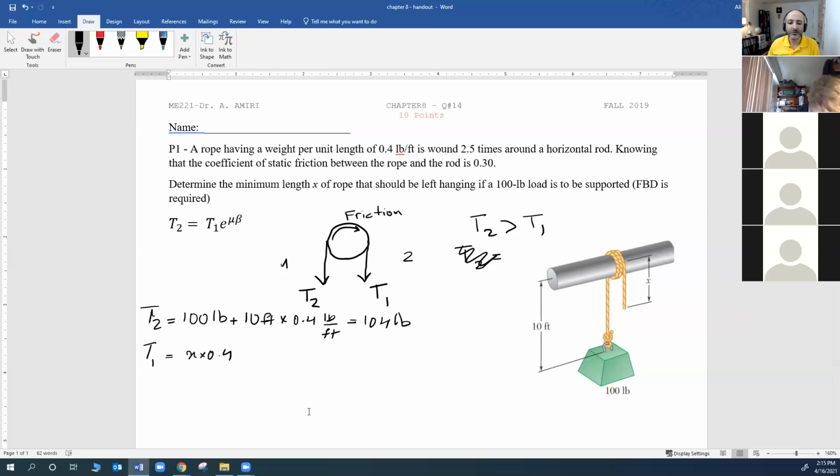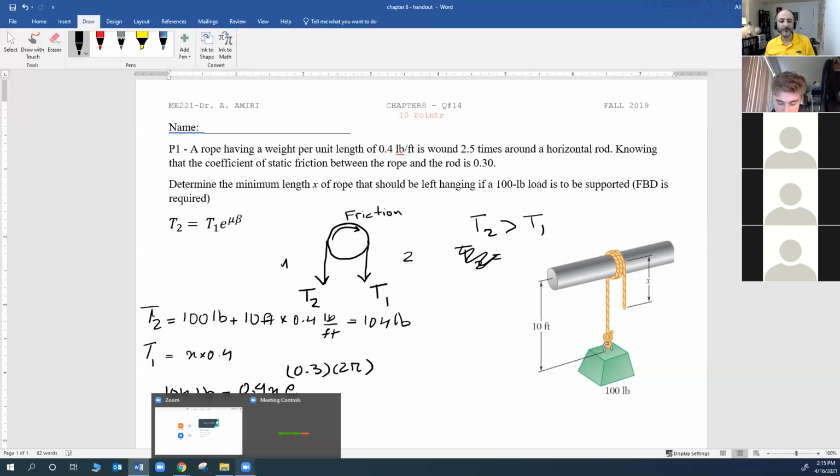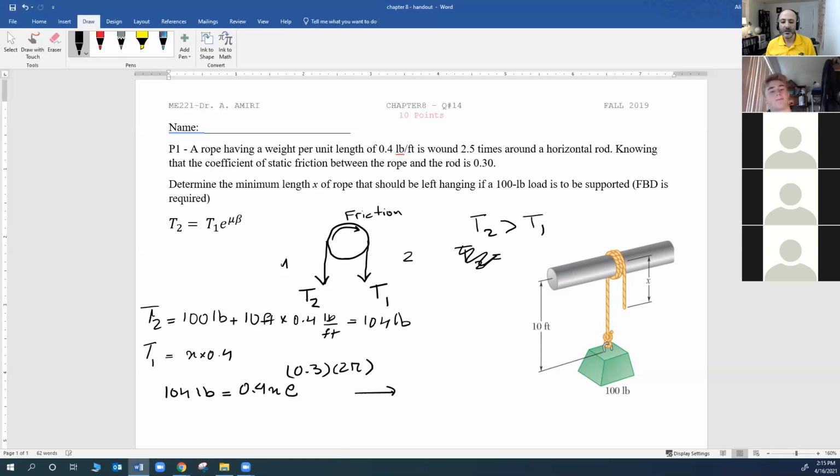So I think I'm ready to insert it in this equation. So it's going to be 104 pounds equals 0.4x e to the power of 0.3 multiplied by 2 pi. The only unknown here is x.